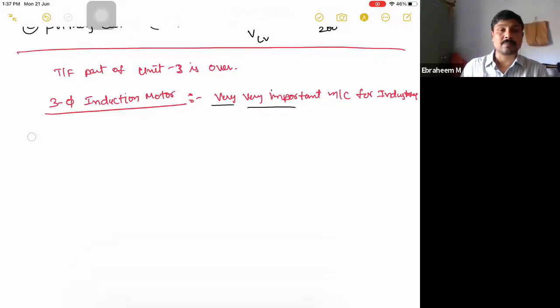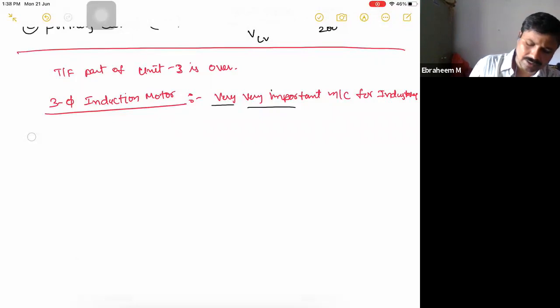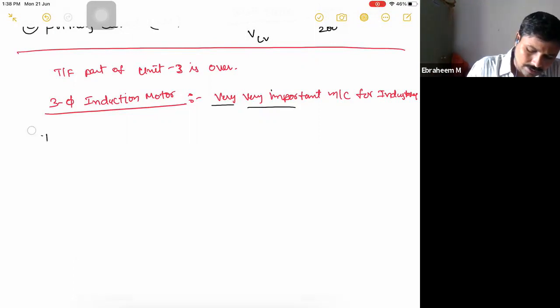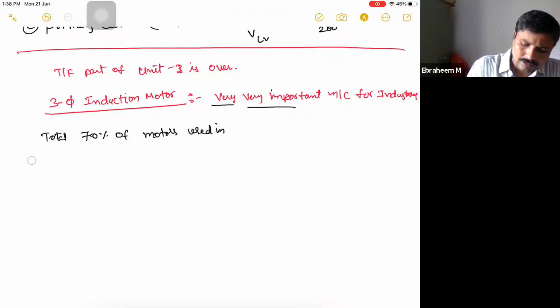It's very important for industries, because whatever the industry you take, or as a whole worldwide, a total of 70% of motors used in industries are three-phase induction motors.